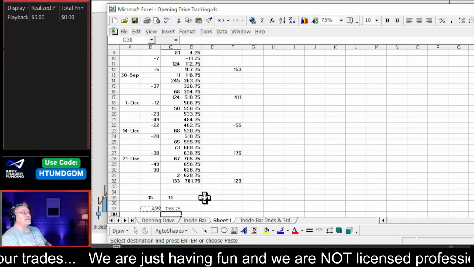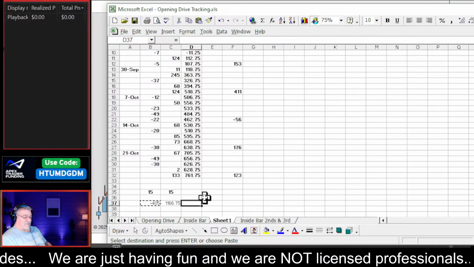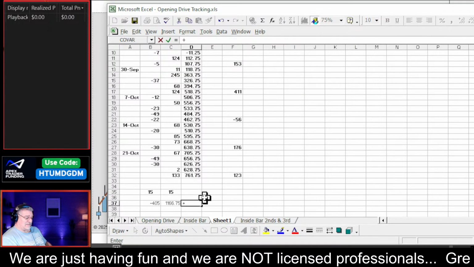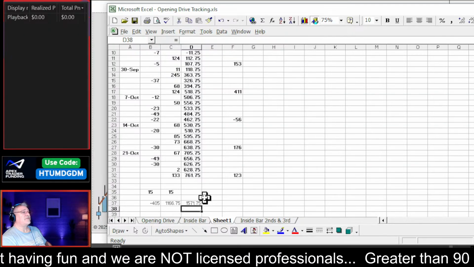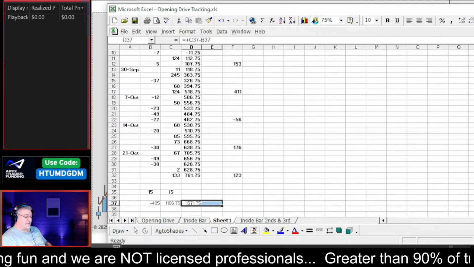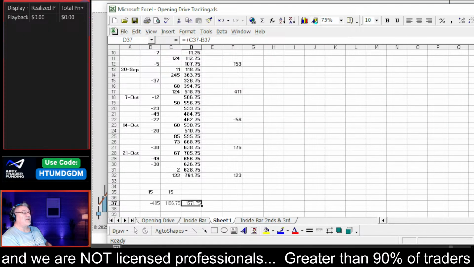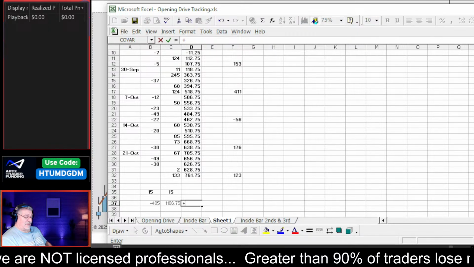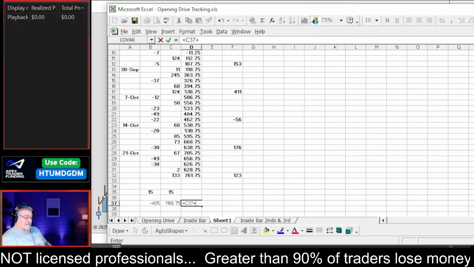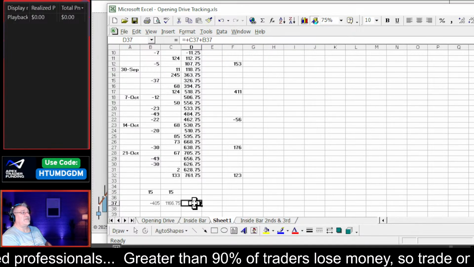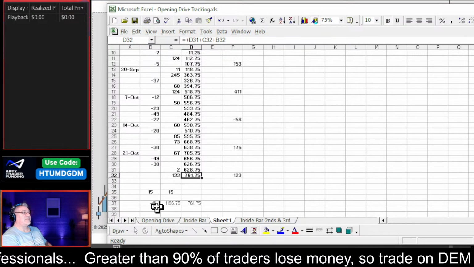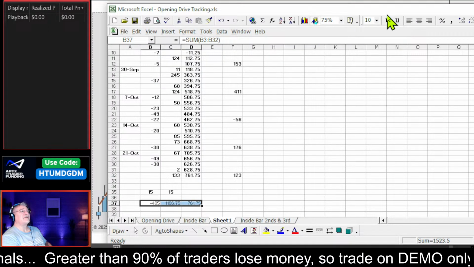V is 1166. We can confirm that with simple math. Plus 1166 minus 405. Sorry, I made a mistake. If you minus a negative number, that's positive. Plus 1166 plus minus 405 is 761.75. This number matches this number, so we know that's correct.